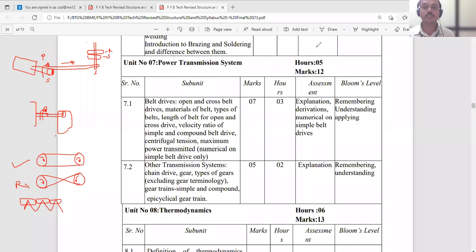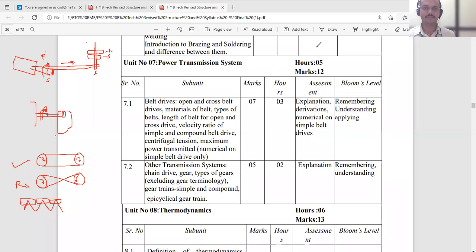So this is the chain drive. Okay, can you give me some more examples of that chain drive? In motorcycles also chain drive is used. Am I correct?